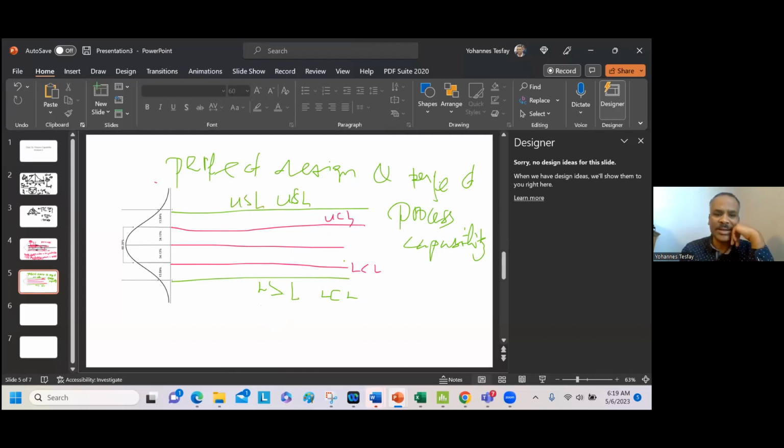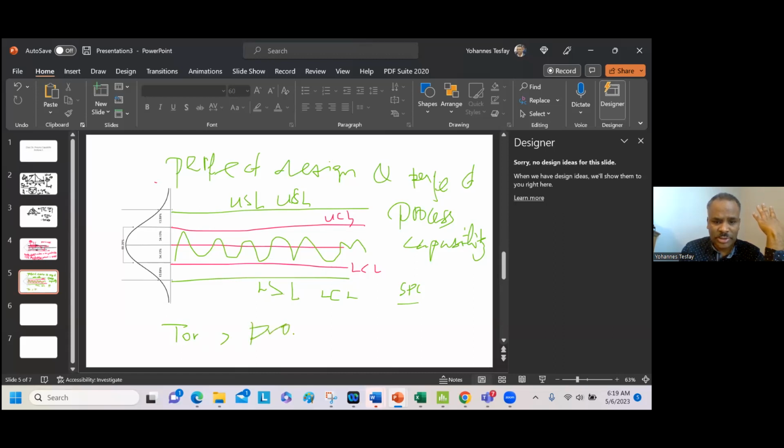Okay, just like that. So if this is the case, now my process is just right here. Now it is under SPC, statistical process control, plus the tolerance is greater than the process range.